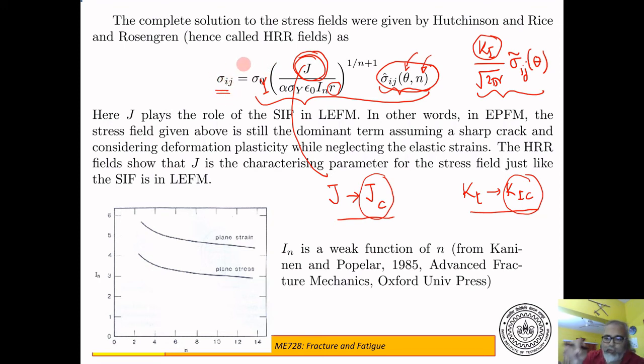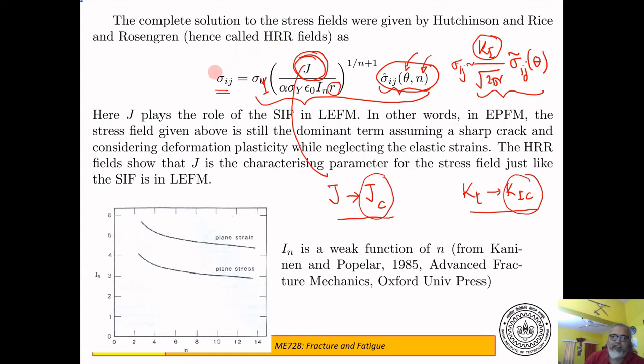Remember why we came to plasticity, why we decided plasticity must be there at the crack tip: because the elastic stresses given by the Williams solution told us that there's a 1 by square root r singularity, which will make the stresses go to infinity as r tends to zero. Infinite stresses cannot be sustained by the material, and therefore plasticity must exist.